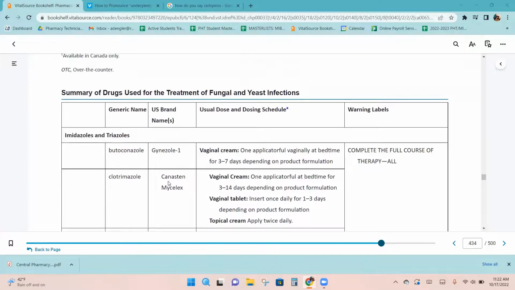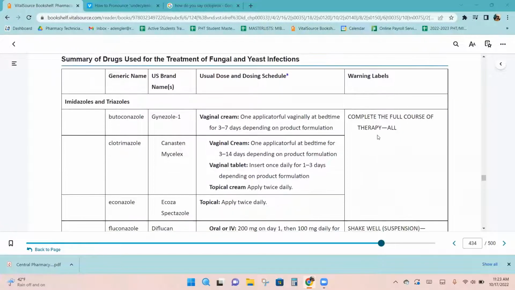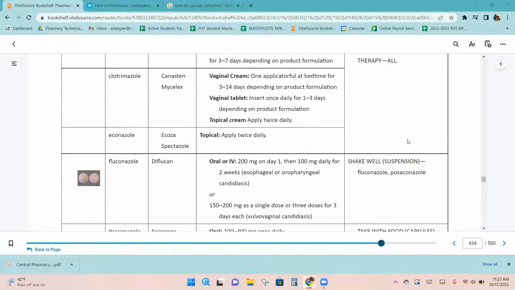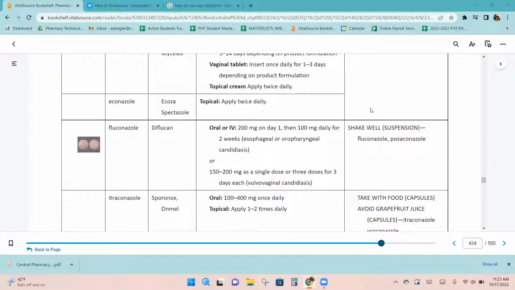Now we have the summary of the drugs used for the treatment of fungal and yeast infections, which we've gone over, but we do have some warning labels. All of these should be completed throughout the whole course of therapy. So you don't want to just, like with an antibiotic, take it until you see results and then quit, because it will come back. For the suspensions, of course, we're always going to shake well.